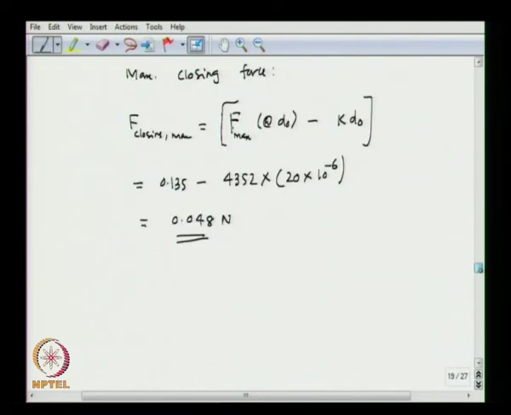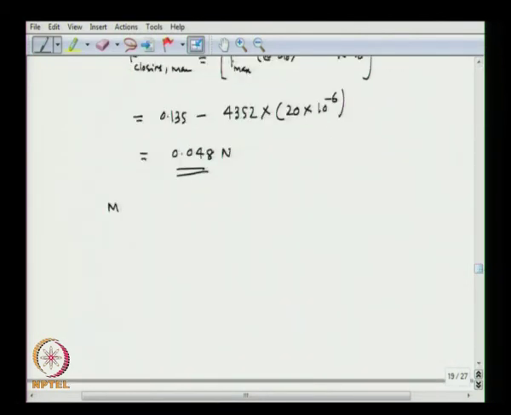So we can find the maximum inlet pressure the valve can withstand. Delta P max is going to be the maximum closing force F closing divided by the area.